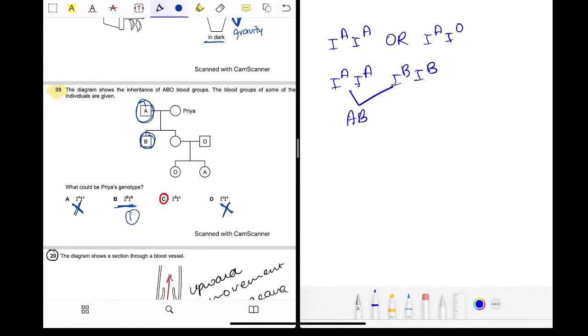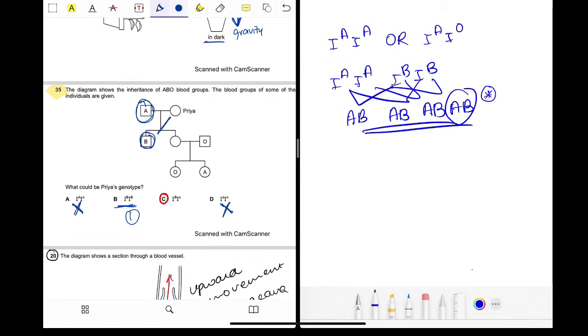This will give you AB, AB, AB and AB. So this is not a possibility, because every single child is AB, not one of their children is B. So this is wrong.